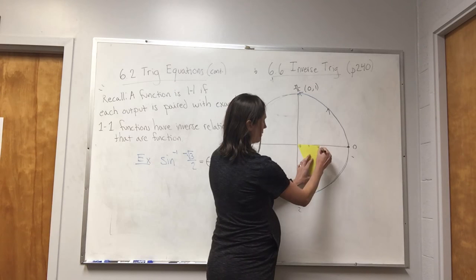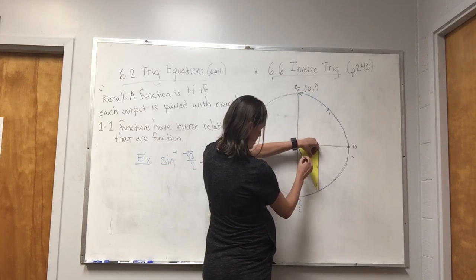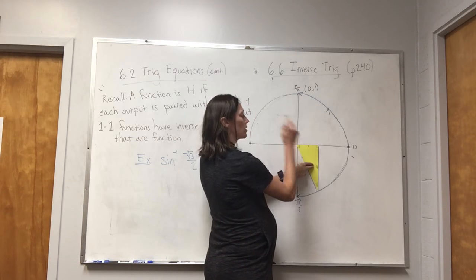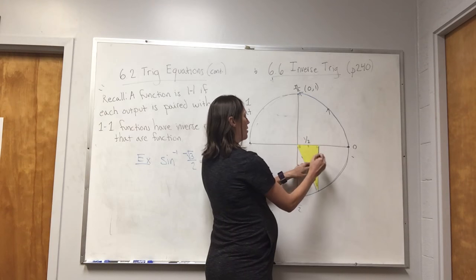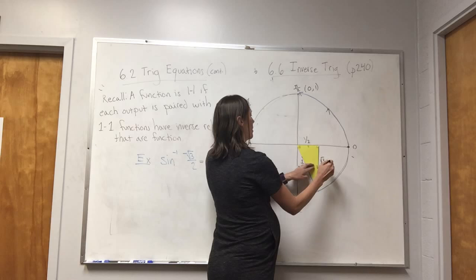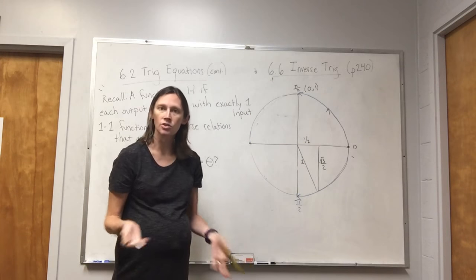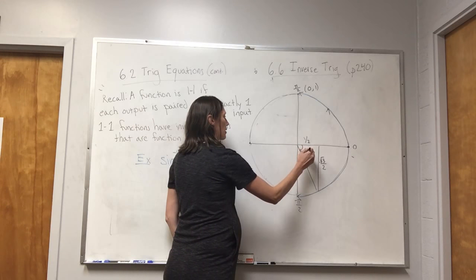Okay, so if I think about how I might need to orient this to make it work, right here, I've got these 30, 60, 90 parts, either remembered or I'm checking my triangle. Half, hypotenuse is always 1 because we're on unit circle, and root 3 over 2. So this is the triangle that's emerging, and I need to know what angle this is.